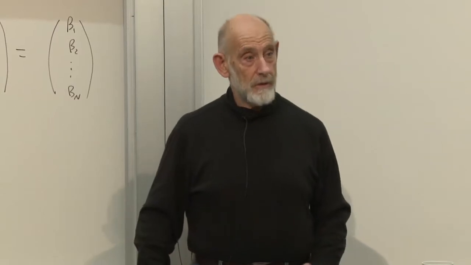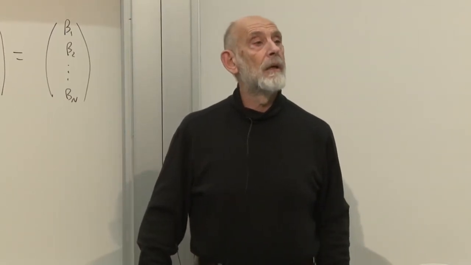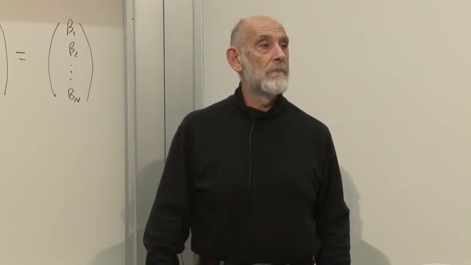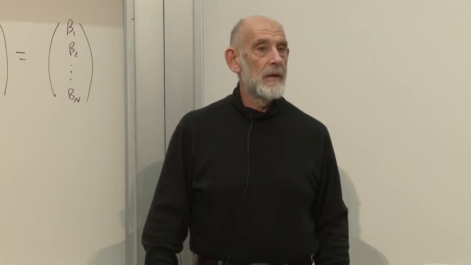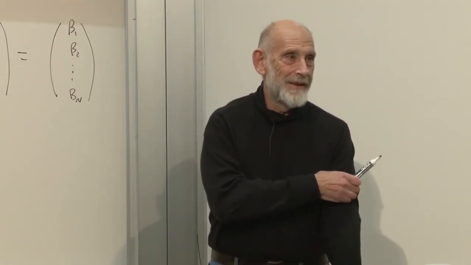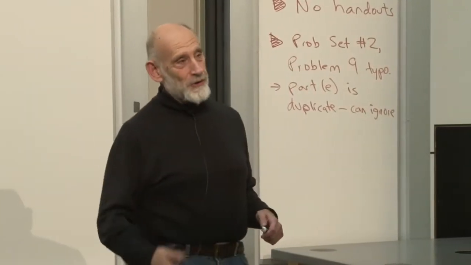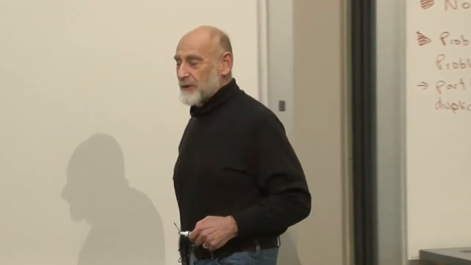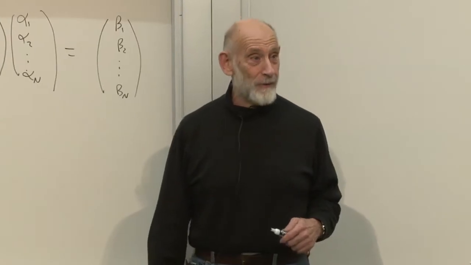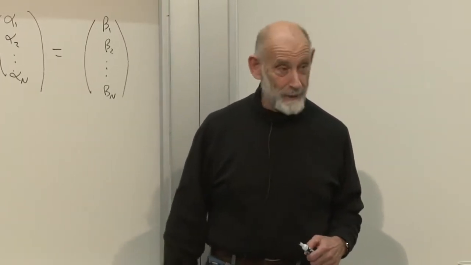Yes, Martha? This may be getting ahead. Could the choice of basis vectors ever make a difference to whether or not you can see the solution to a problem? Well, all right, the precise way you ask it, whether it can make a difference to the way you see through a problem, certainly a wrong choice of basis can leave you completely confused. I think what you really meant is can different choices of bases lead to different physical answers, and that had better not be.